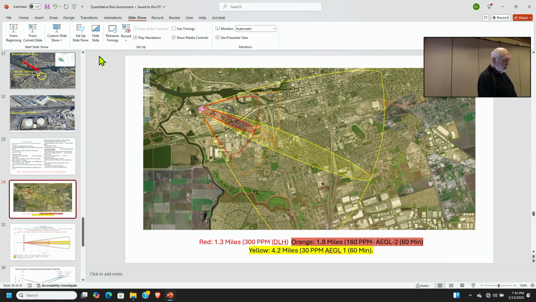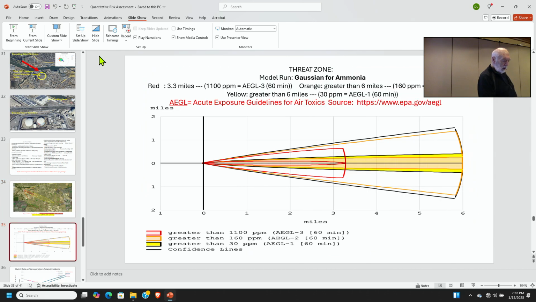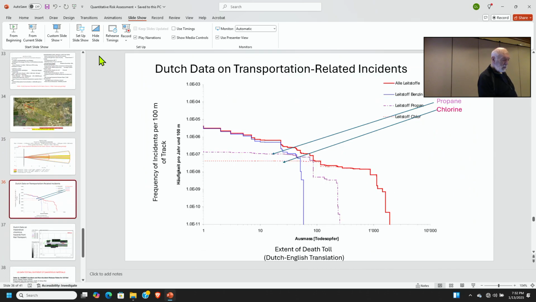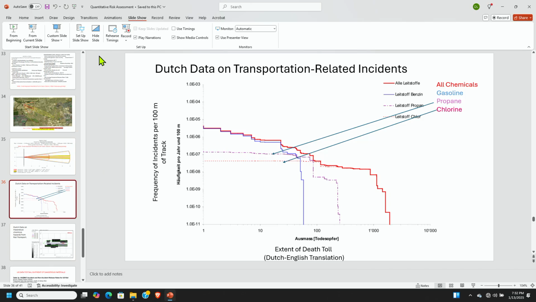All right, when we get to something a little bit closer to home, I want to talk about transportation-related incidents, because they are of concern. And again, the Dutch and the English have good databases. This is the Dutch data on transportation-related incidents, and the frequency of incidents per 100 meters of track. Not kilometers, meters.